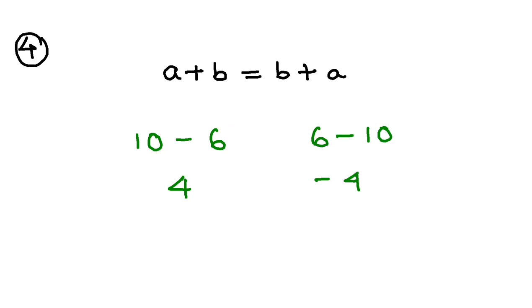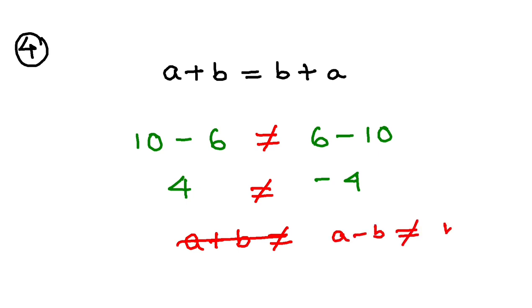They are not equal, isn't it? They are not equal. That means property 4 is that subtraction does not follow the commutative rule. That means A minus B is not equal to B minus A. This is property 4.